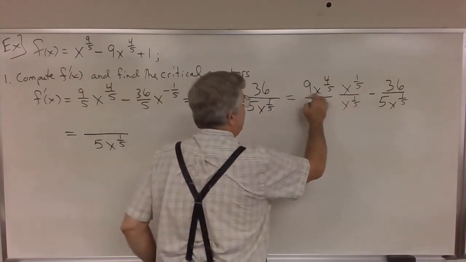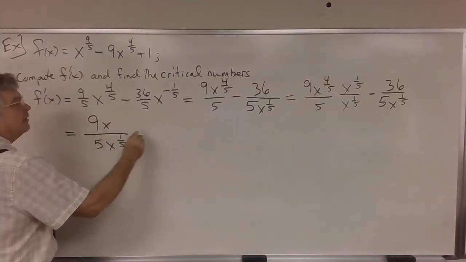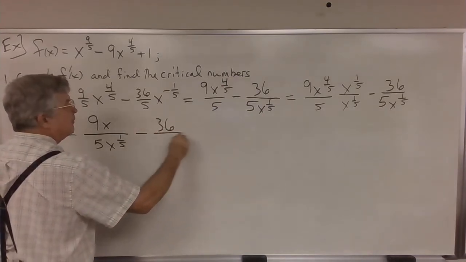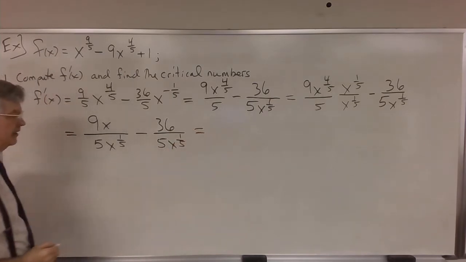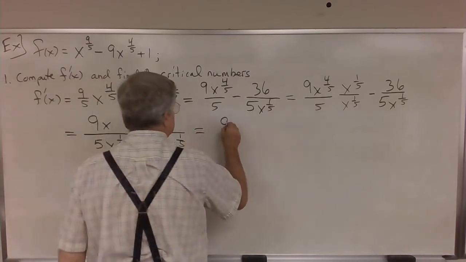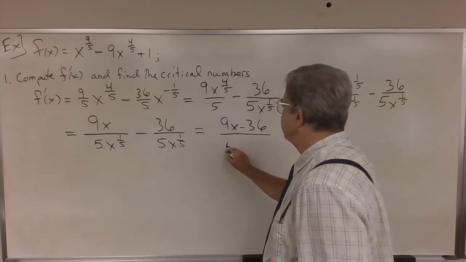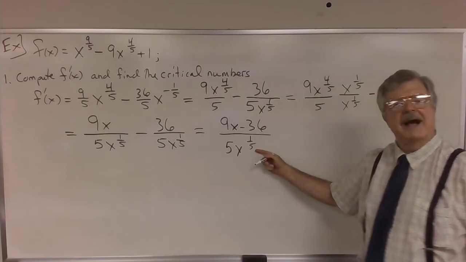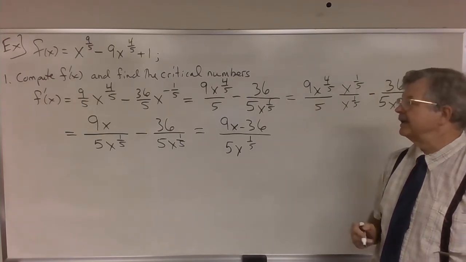So this becomes 9x minus 36 over 5x to the 1/5. Okay, I like this form. I think I can work with this algebraically.